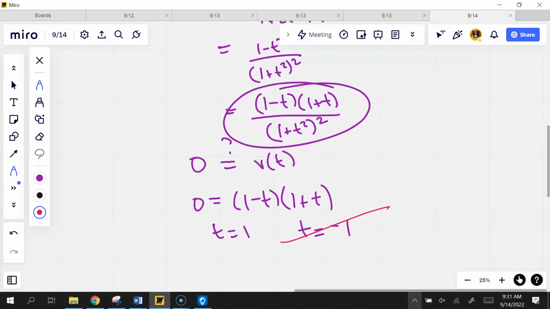This says when, I'm looking for when is it moving left or right? The bottom is not going to make it equal 0. There's nothing you could plug into the bottom that would ever make the fraction equal 0. The top, however, could be 0, and that would make the value 0. The bottom going to 0 would create an asymptote.